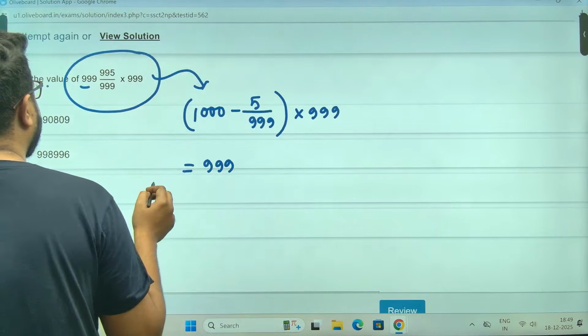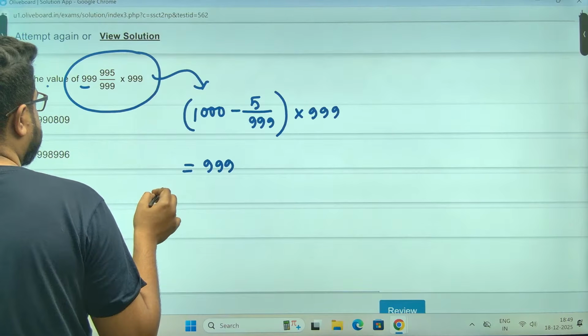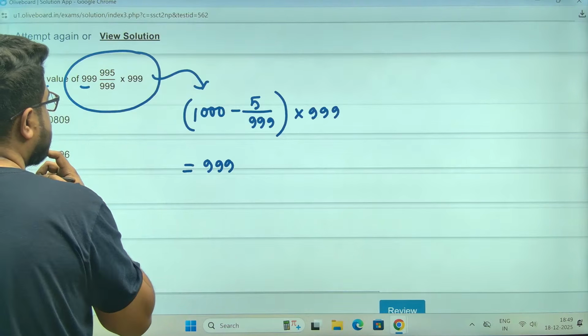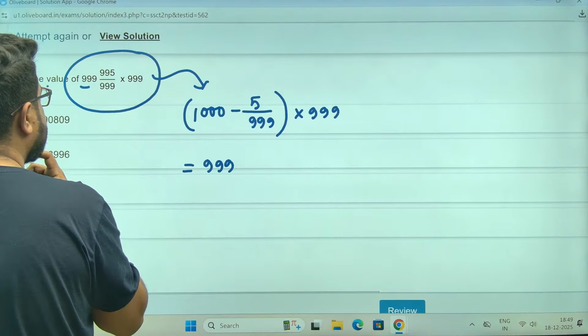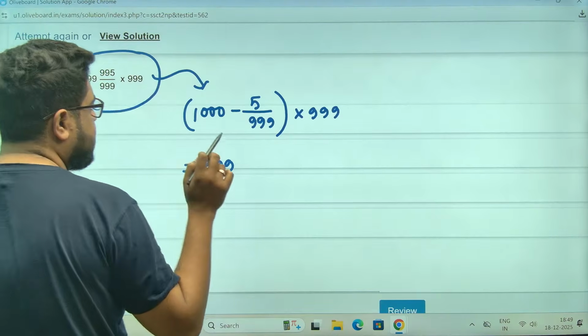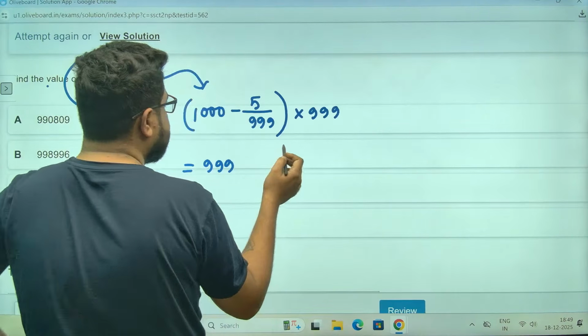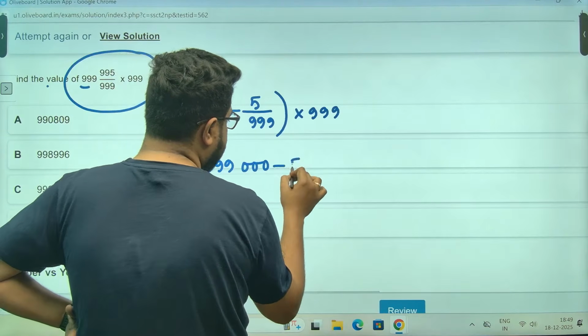So 999 into 1000, 999 into sir. Just a second, have I made any error? 1000 minus 5, no, sir, nothing. Sir, this is 999 into 1000 minus 5.